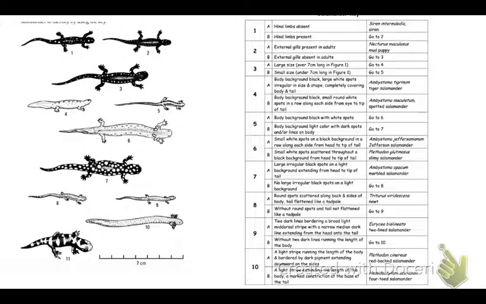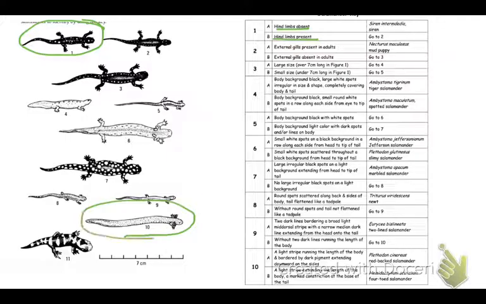And this last one is about salamanders. And if you will please start with number 1. And you're going to be looking for hind limbs are absent or hind limbs are present. So you have down here, you have a couple of them that don't have hind limbs.